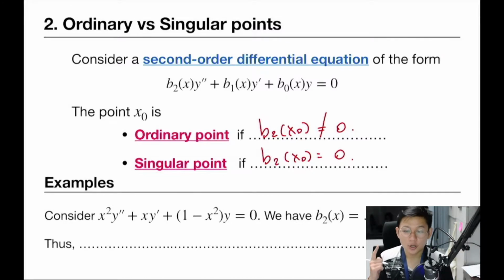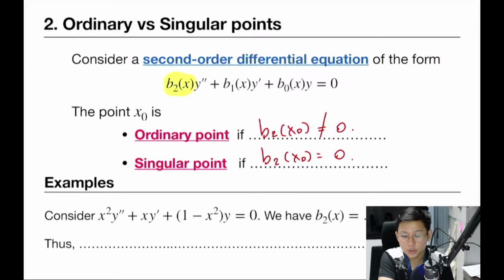To check whether x0 is an ordinary point or a singular point, you just need to look at the coefficient b2(x). You put x0 into b2, and if it's not 0, it's an ordinary point, and if it's 0, it's a singular point.